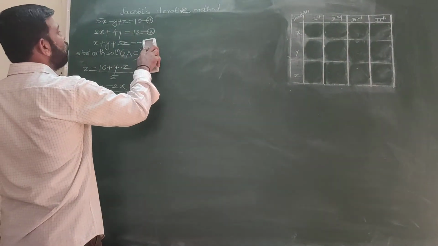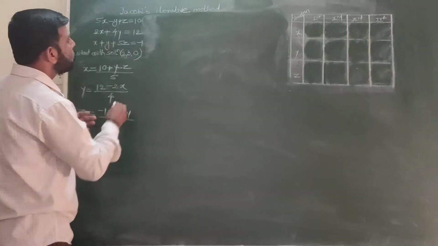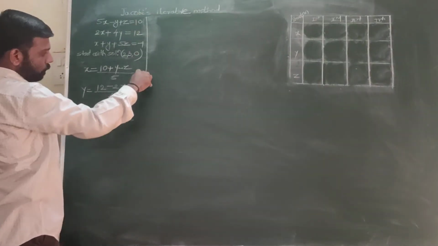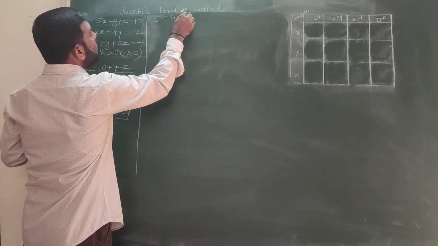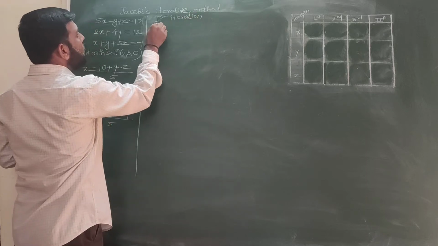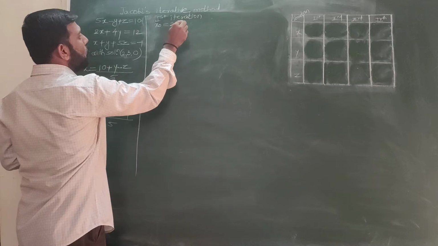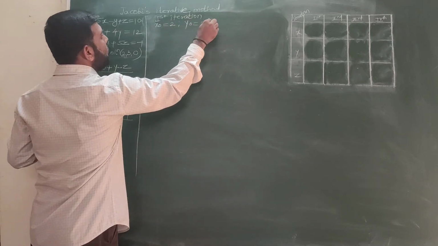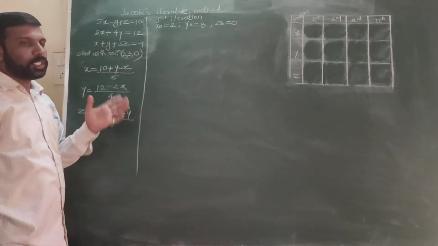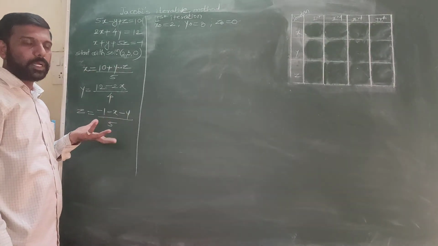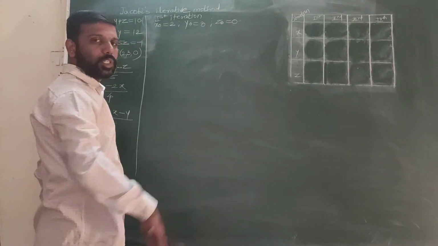Now we start calculating the first approximation, first iteration. Initially x0 equals 2 because they have mentioned it in the problem. If the initial approximation or solution is not mentioned, we'll assume x0 equals 0, y0 equals 0, z0 equals 0.